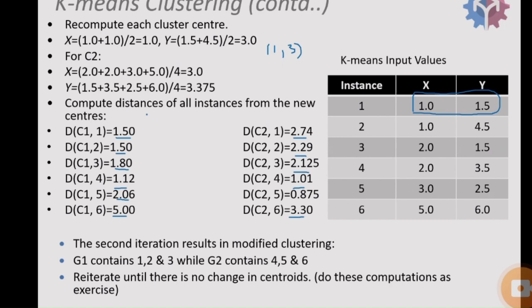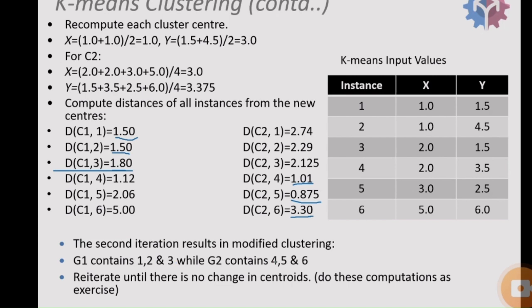Now let's make a decision: does each point belong to C1 or C2? The first one, C1. What about point 2? Also C1. What about point 3? C1. Point 4, C2. Point 5, C2. Point 6.